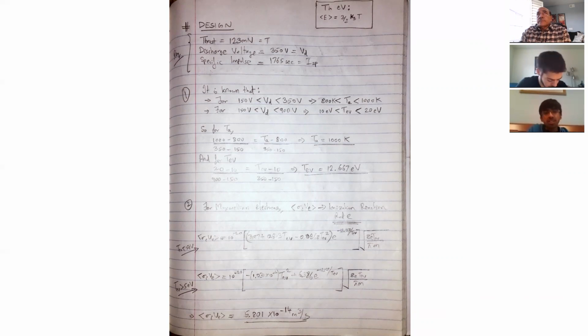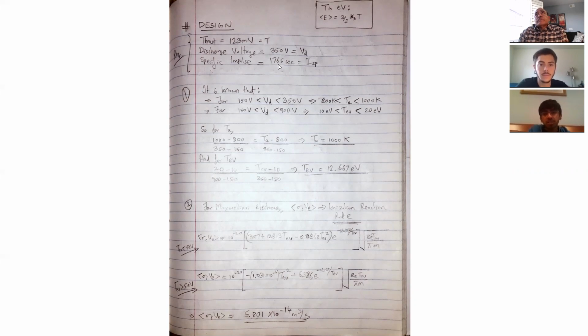The thrust given by that is 123 millinewton. Generally, when they design a Hall thruster, the first is the requirement of thrust, the amount of thrust that is required to push the payload. Let's say the requirement of the thrust is 123 millinewton. The discharge voltage is about 350 volt, and the specific impulse desired is 1765.